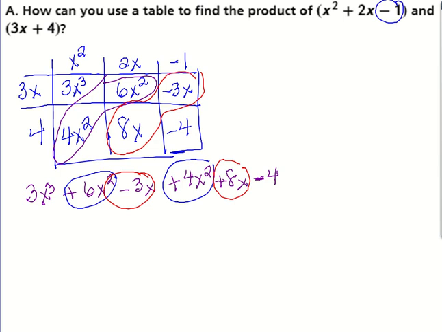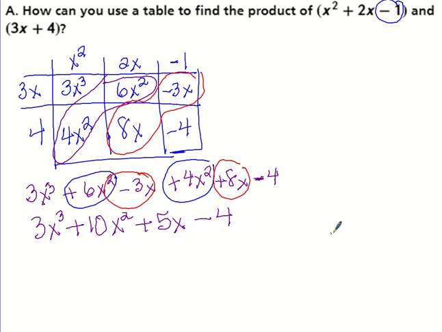And then the last one's just negative 4, and it's by itself, as is this. So we get 3x cubed plus 10x squared plus 5x, because 8 and negative 3 is positive 5, and then just minus 4. And there we go. That is how we find the product of a trinomial with a binomial using the table.